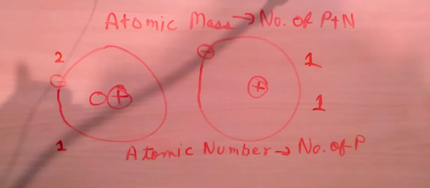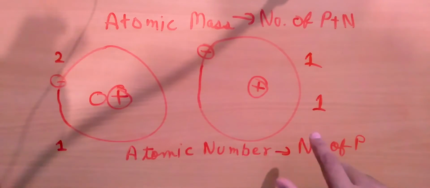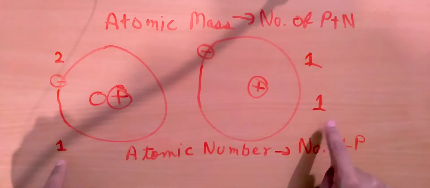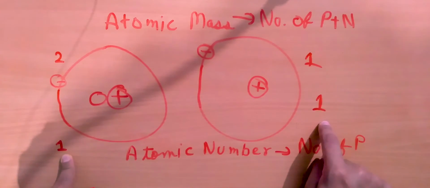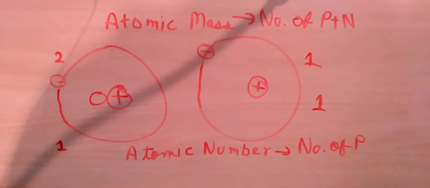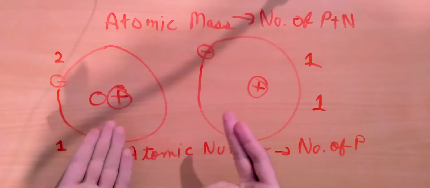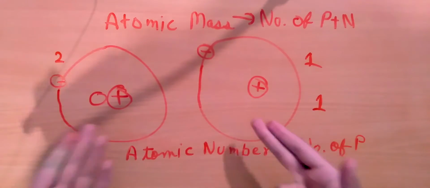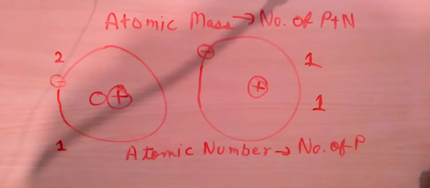So by the definition, atoms that have the same atomic number but different atomic masses are called isotopes. These two are isotopes of hydrogen because they have one proton in their nucleus. So it's as simple as that.